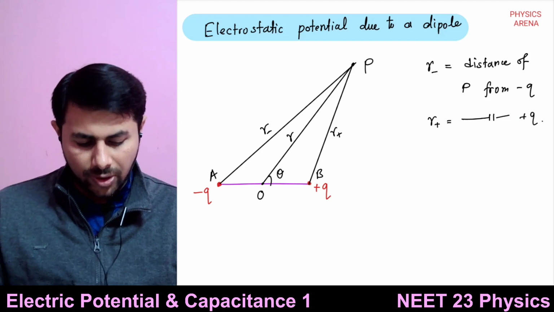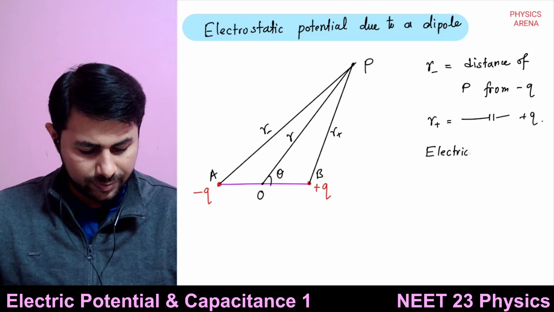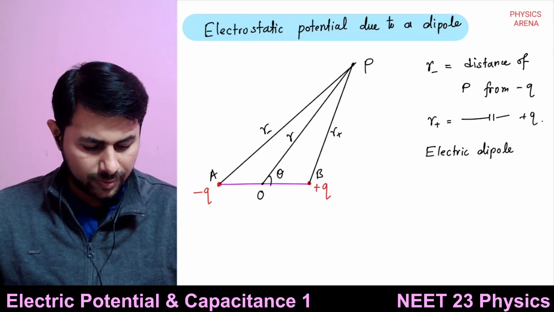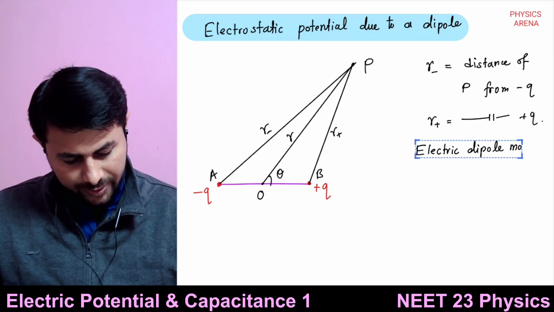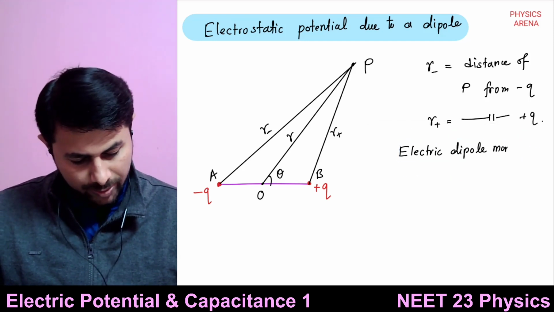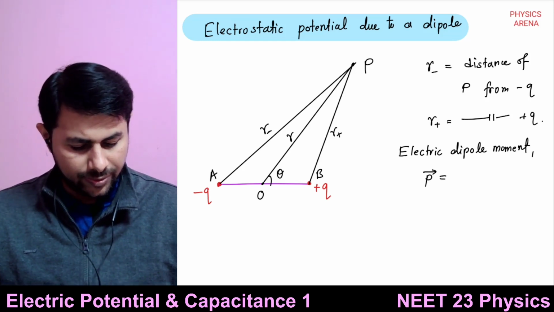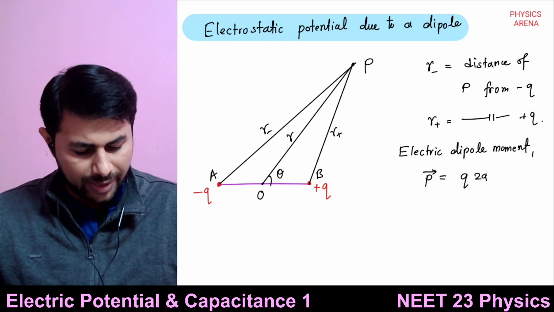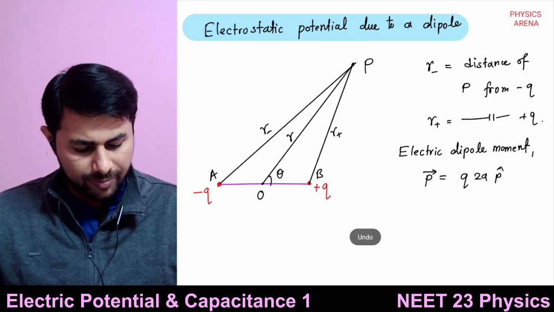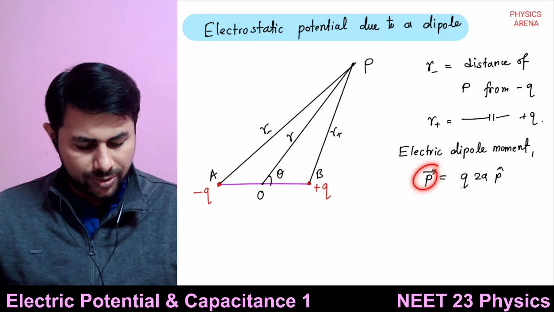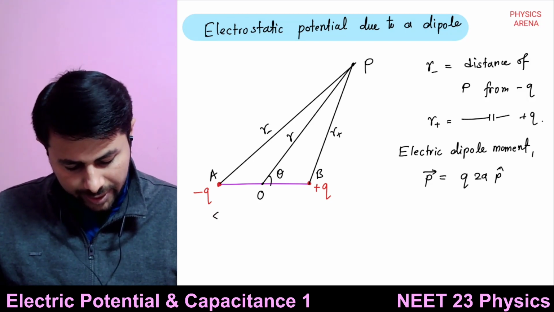Then let's recall what the electric dipole moment is. The electric dipole moment is a vector quantity. P bar is equal to Q multiplied by 2A bar, or you can write it as Q times 2A multiplied by P cap. So its magnitude is Q times 2A. 2A is the distance between these two charges.